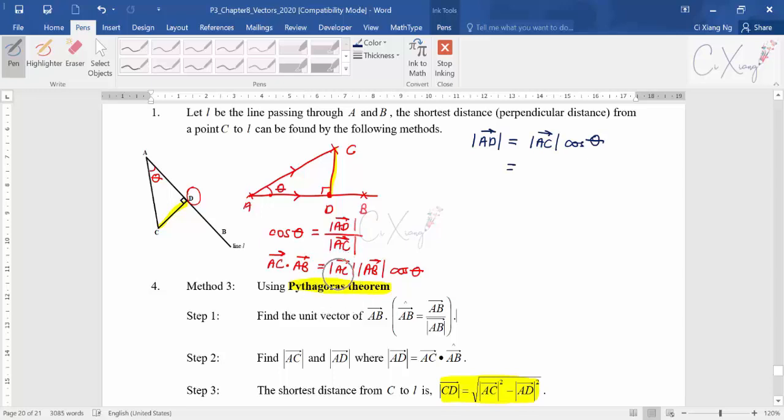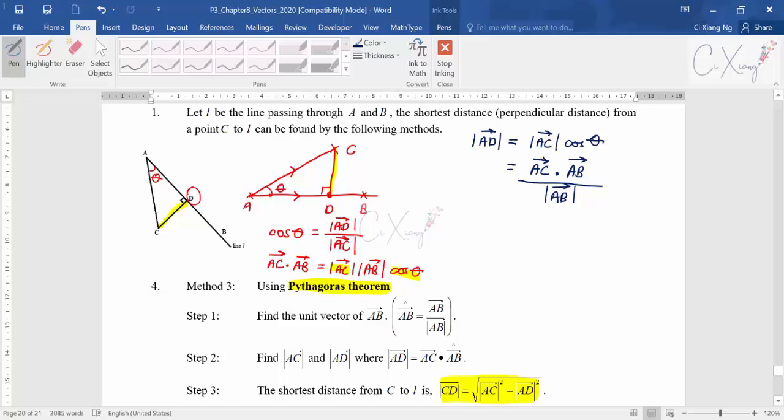According to the second formula that I wrote out just now, AC cos theta is actually equal to AC dot AB divided by modulus AB. This is how you get the AD.